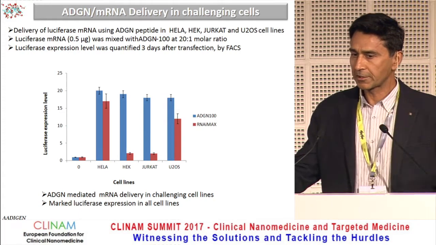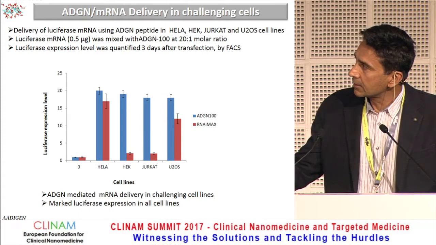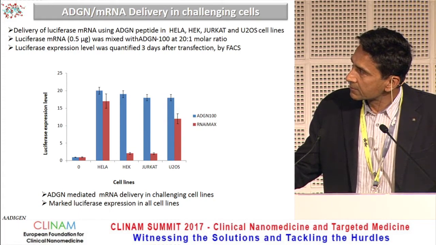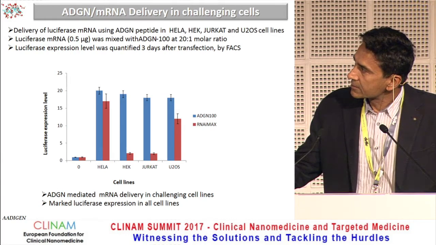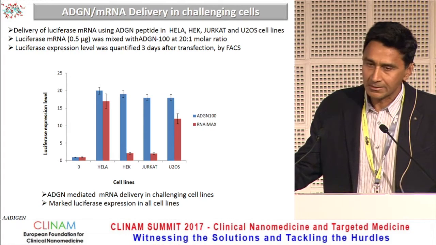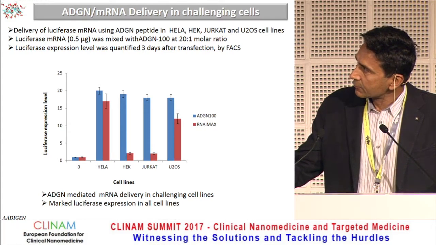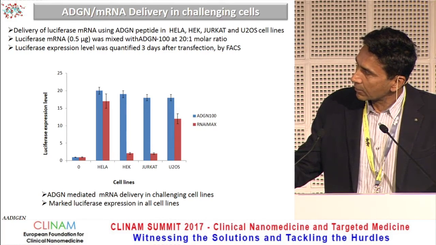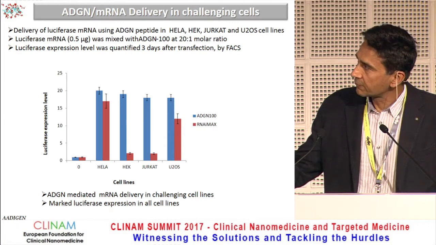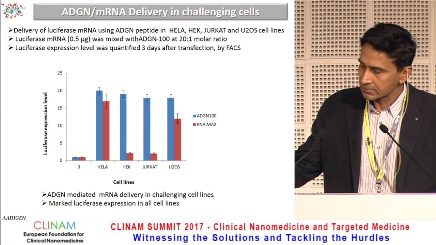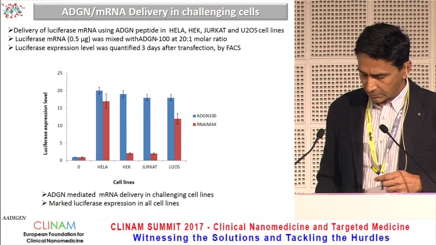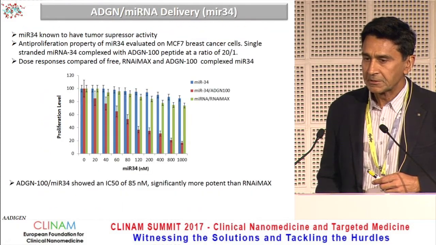So here, this is mRNA, looking at luciferase in different cell lines. And you can see compared also to one of the standards you can buy off the shelf, which is RNAiMax, which doesn't work that well. And you can see the luciferase signal in these cells, and this is the control untreated. So you can get effective mRNA delivery.